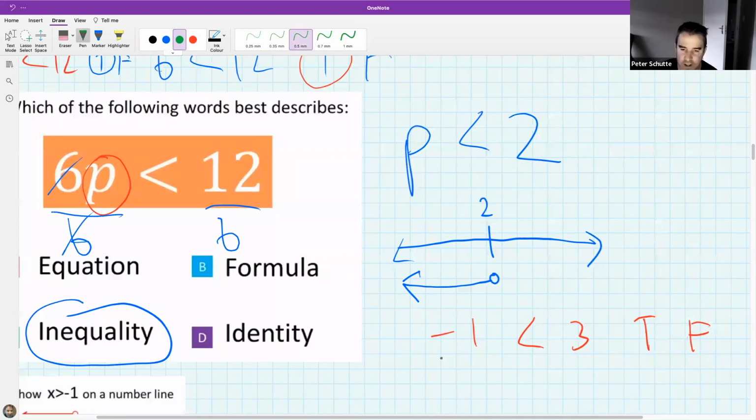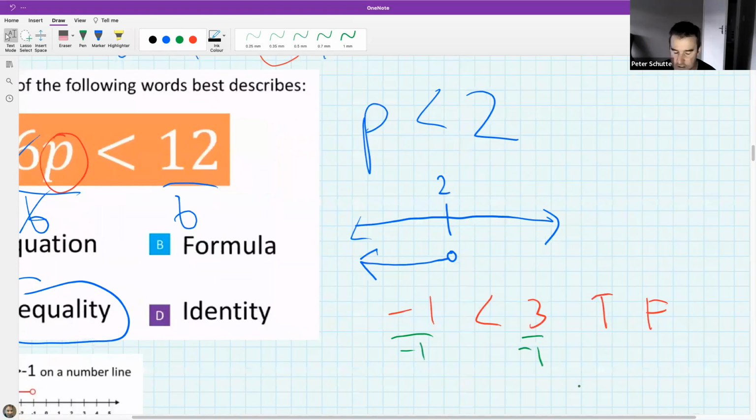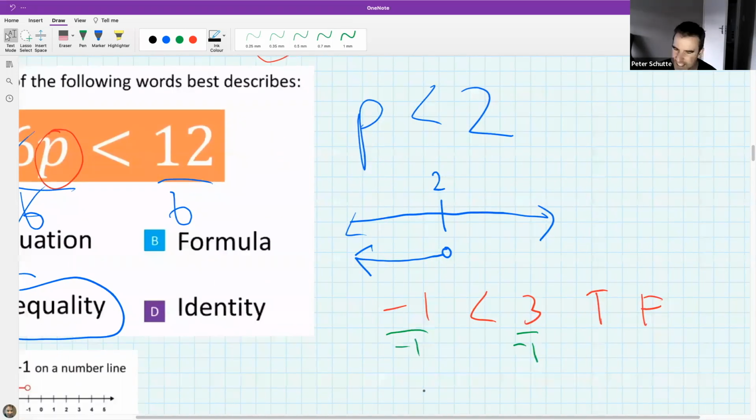Now what I'm going to do is divide both sides by -1. Now, there's nothing wrong with that in equation land, but in inequality land, it can cause some strange things to happen. -1 divided by -1 is 1, and 3 divided by -1 is -3. Now, I want you to tell me, is 1 less than -3?